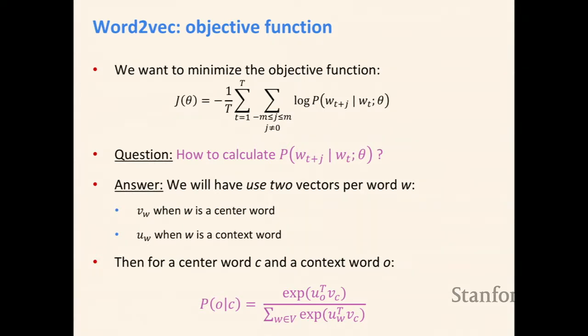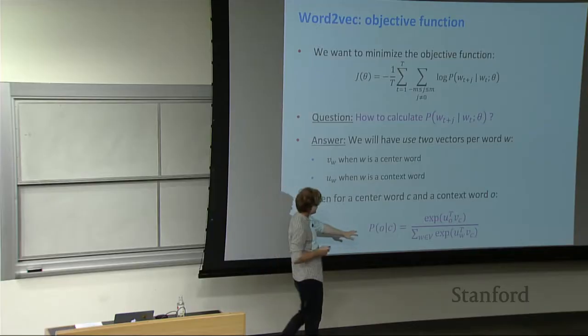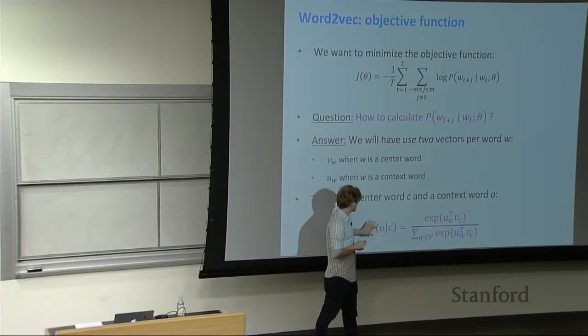One is used when that word is the center word, so we'll call all of those V. And another is used when that word is a context word, or is outside in that window around the center word. And we'll call those U. And to make the notation a little clearer, we'll simplify this with this equation.